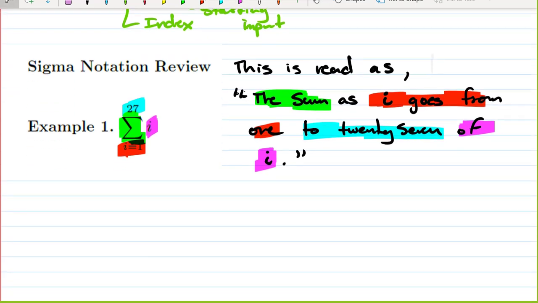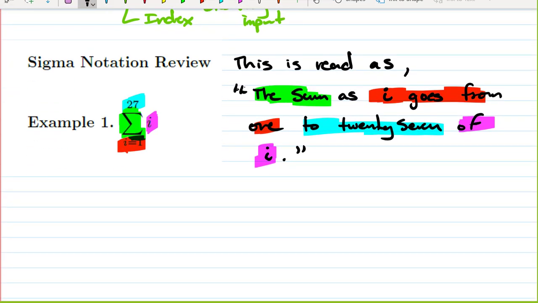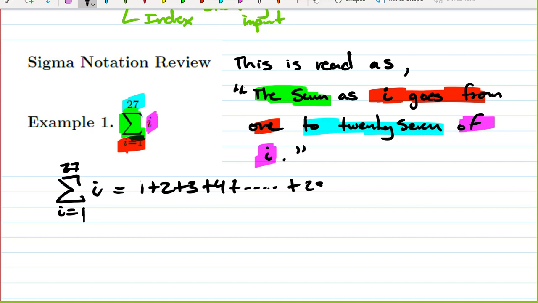And so what this literally means when we have the sum as i goes from 1 to 27 of i, the literal definition is 1 plus 2 plus 3 plus 4 plus ... plus 25 plus 26 plus 27. So it means we are going to put in our input i equals 1 into i. That gives us our first one. And then i goes to 2, 3, and so forth.